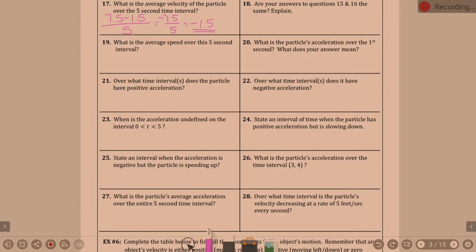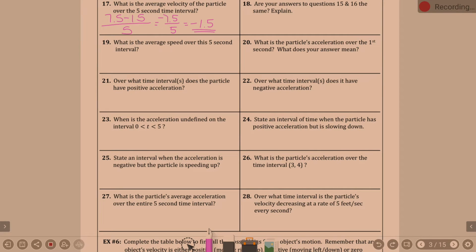Are your answers to 15 and 16 the same? No, they're not the same. 15 was total distance, where 16 was the position. And when we talk about the position after, we're talking about displacement.